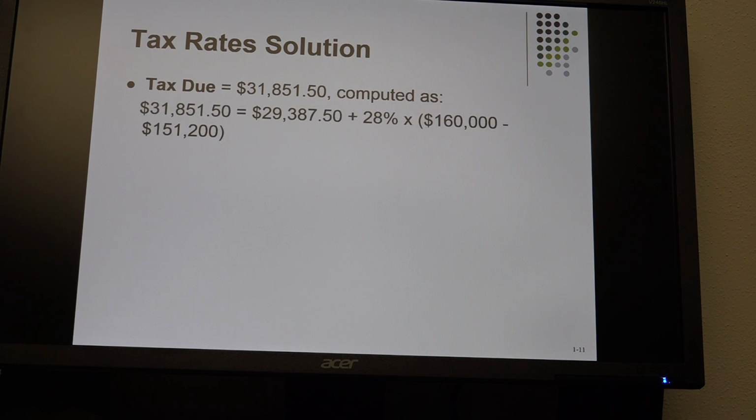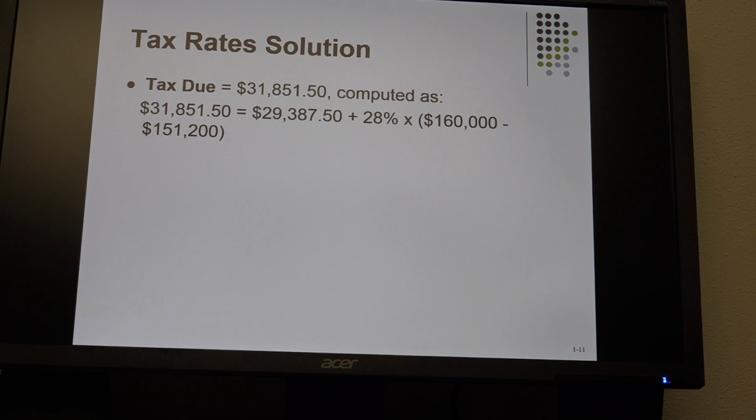So what they did, they simply went to Schedule Y1, married filing jointly, right in the middle of the page where it says if taxable income is over $151,200 but not over $230,450, they would look there.